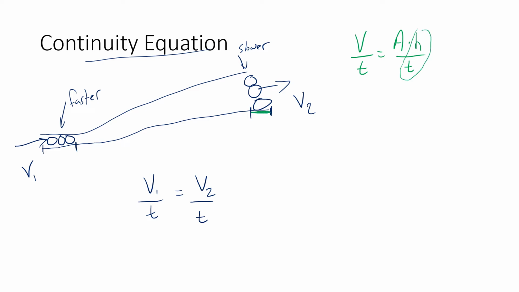Because here's what H would represent, and that's going to be in time. So that's also going to be a velocity. So this formula is on your sheet, and it is going to be A times V. This is going to be A1 and V1 is going to equal A2 times V2.